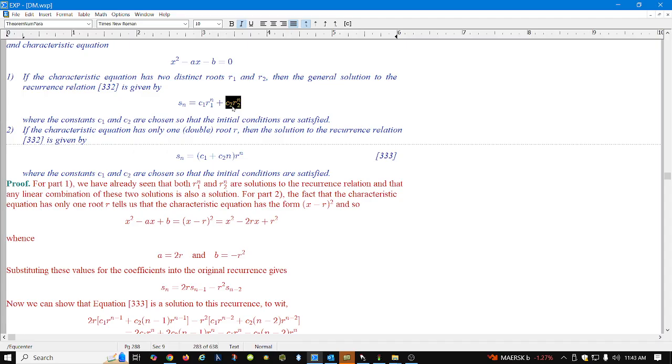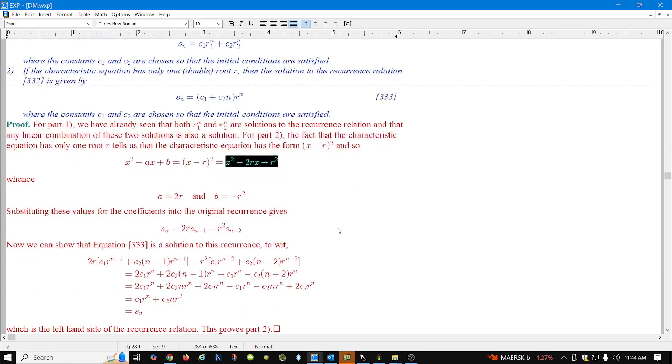For part two, the fact that the characteristic equation has only one root tells us something about its form. It has to be the quantity x minus r squared. It's monic, so the coefficient of x squared is 1. So this is what the characteristic equation looks like.